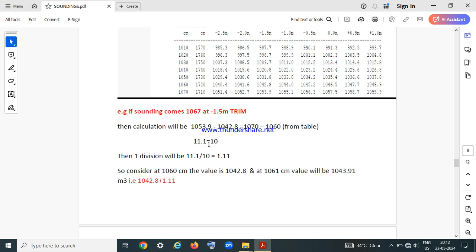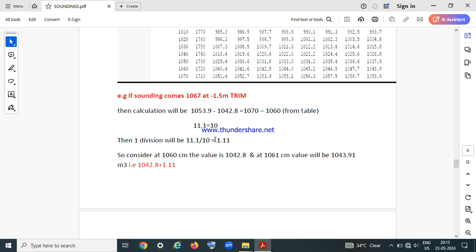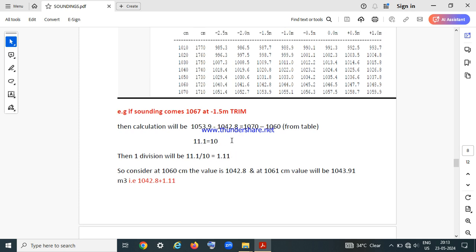After that we subtract all these things, so we get one division. It is the same calculation we did in physics charts or something. So one division comes to 1.11. This is a very simple thing. If you do it once, you will get to know. So 1.11 is one division.